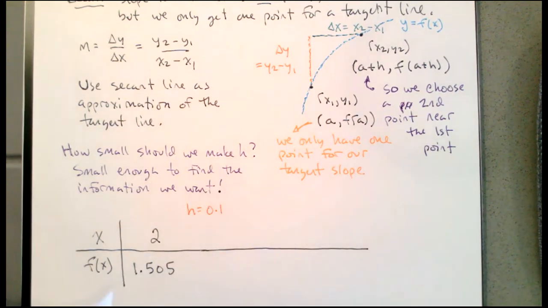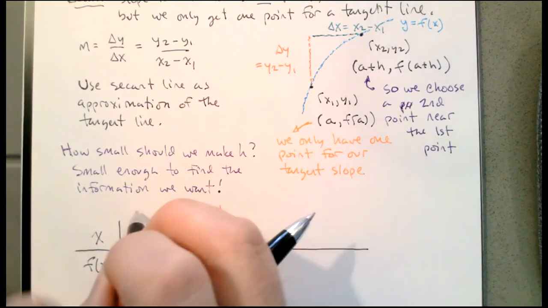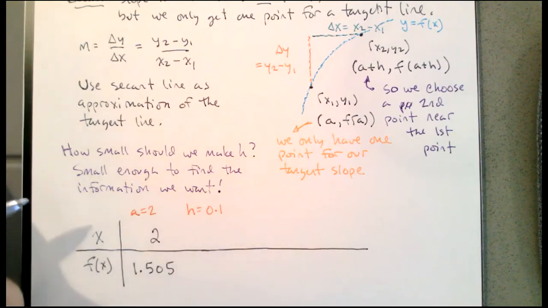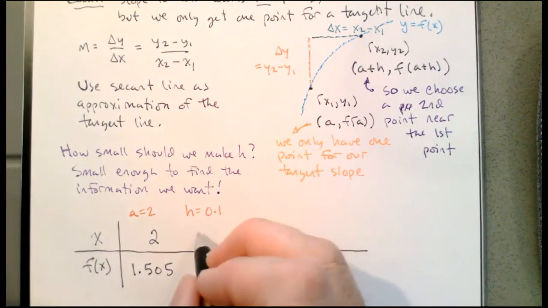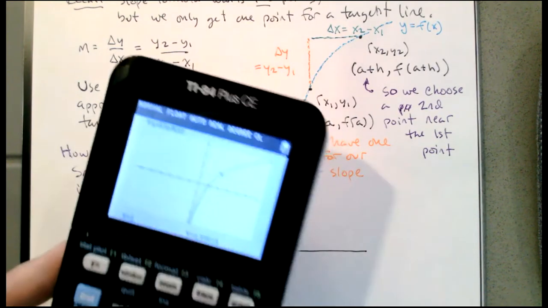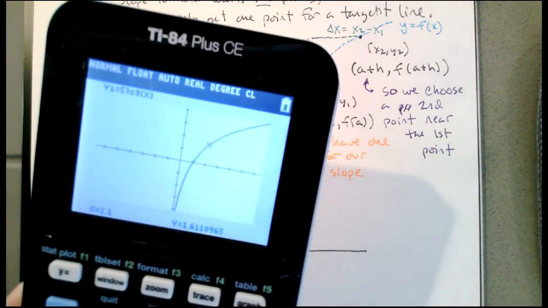So what we're plugging in is 2 plus 0.1. We started off here, a is equal to 2, and I'm going to choose a point that's near 2. So I'm going to take 2.1 and evaluate the function at 2.1. And it looks like we're going to get 1.611.